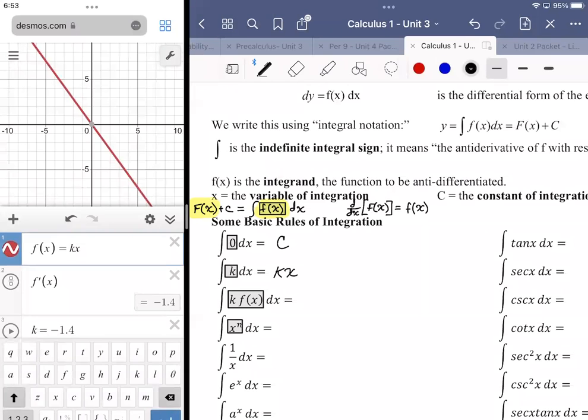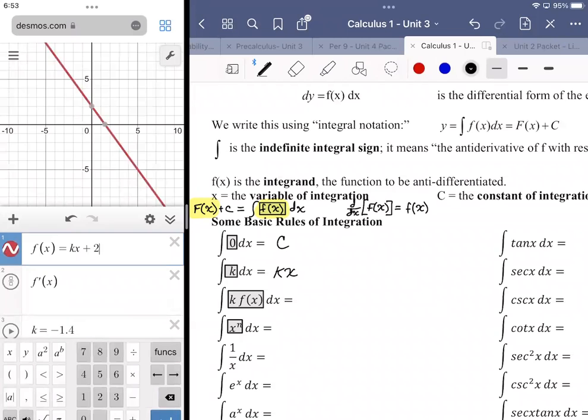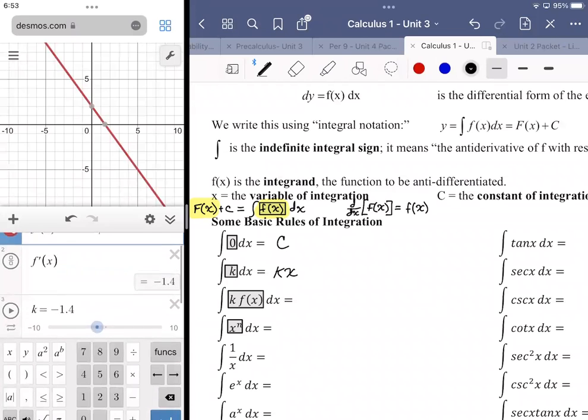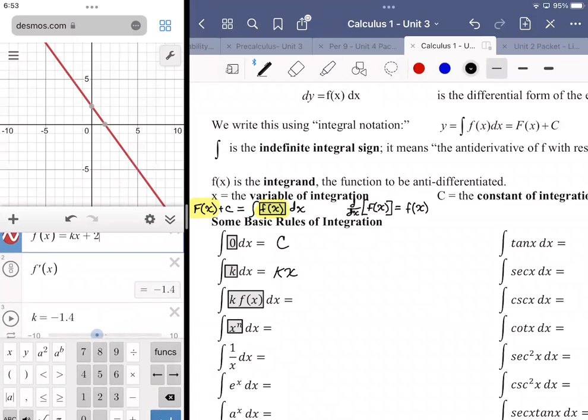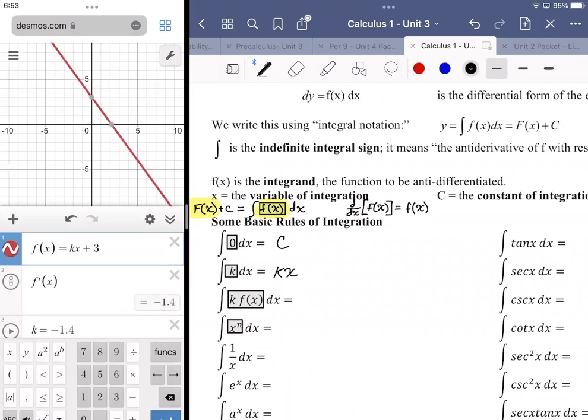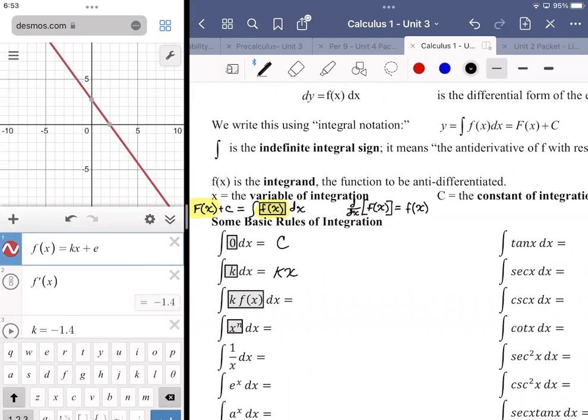Let's say Kx plus 2. It's still negative 1.4. That 2 didn't factor into the derivative in any way, nor did this 3, or this 9, or a pi, or an e. It doesn't matter what that constant is added on at the end. So anytime you take an antiderivative, there's an assumed constant of integration added on at the end.